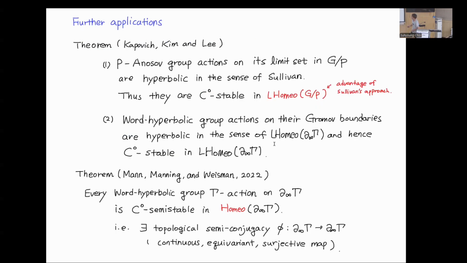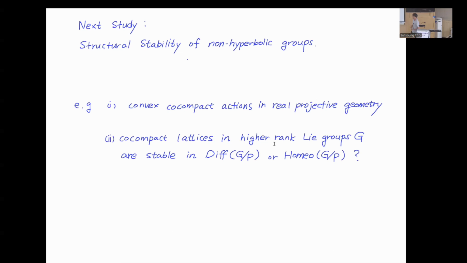So far we just think of the Anosov hyperbolic groups. But the next step is non-hyperbolic group actions, because there are many attempts to find some group action having stability which is not an Anosov hyperbolic group action. For example, Danciger, Guéritaud and Kassel define some convex co-compact action in real projective space, which may be a non-hyperbolic group action.